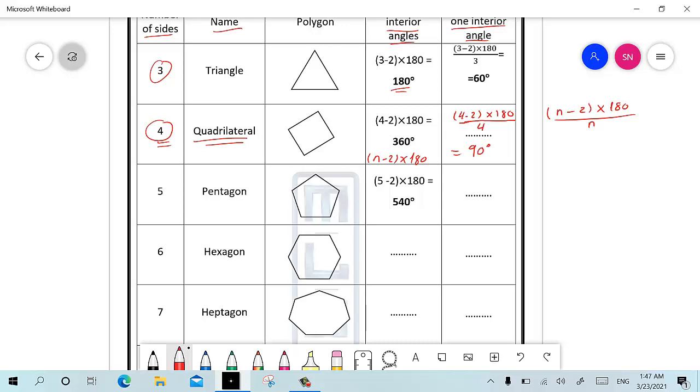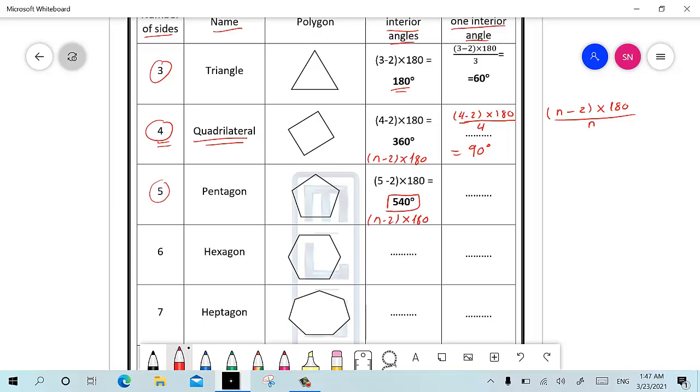Here I have a pentagon, and a pentagon has 5 sides. So to calculate the sum of interior angles, I make n minus 2 times 180, which is 5 minus 2 times 180, which is equal to 540 degrees.